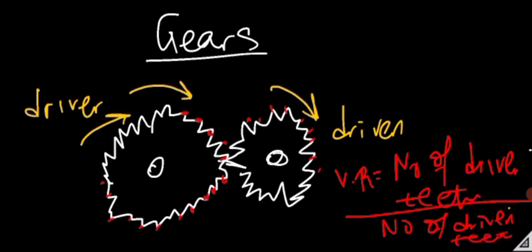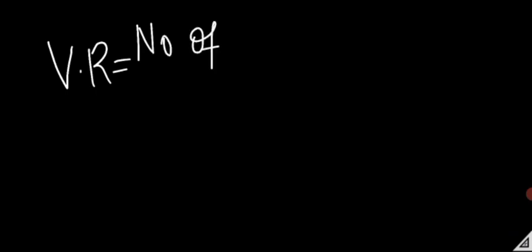What does it mean? In this case, since this is the driver, it means that the total number of teeth here, if we count those teeth, 1, 2, 3, the total number of teeth here, all over the total number of teeth here. So we say that velocity ratio for gears is equal to number of driver teeth over number of driven teeth.